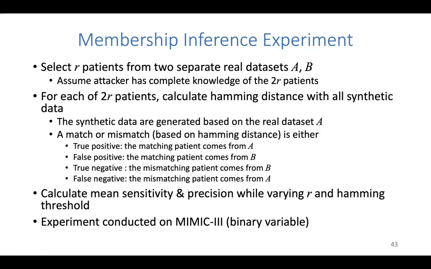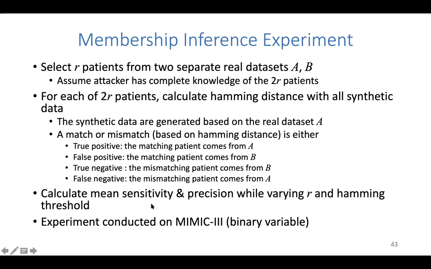Or sometimes we treat a Hamming distance of 2 as a match. So we can adjust the Hamming distance threshold to define whether something is a match or a mismatch. The experiment was conducted on MIMIC3, the binary variable case.